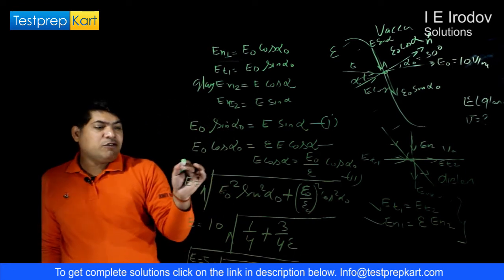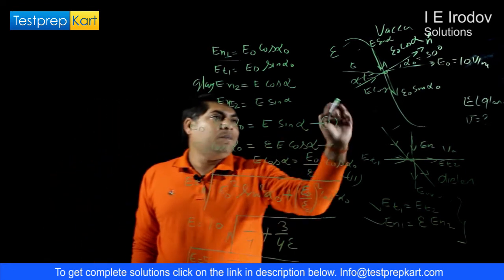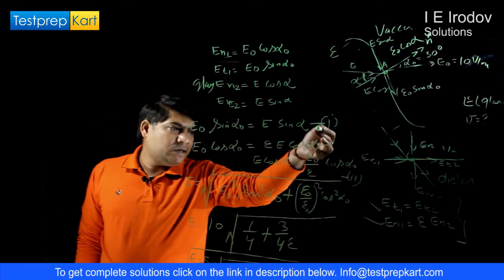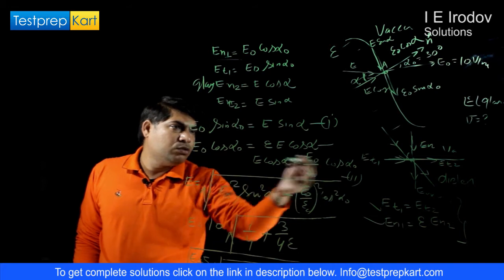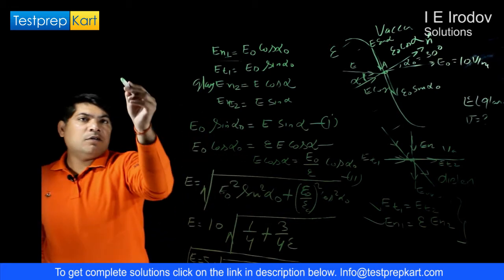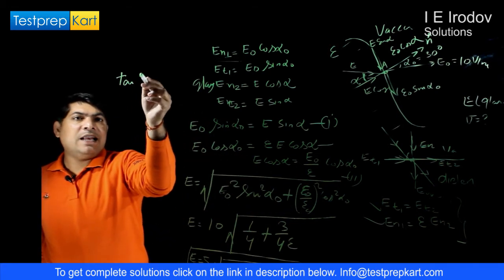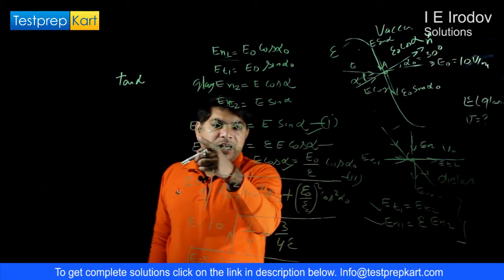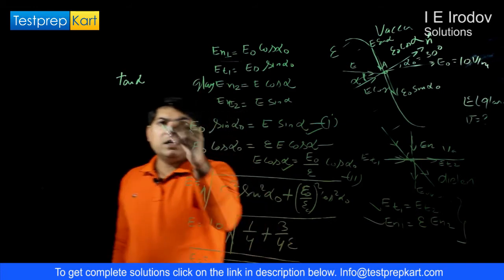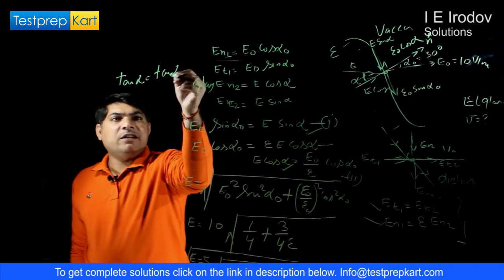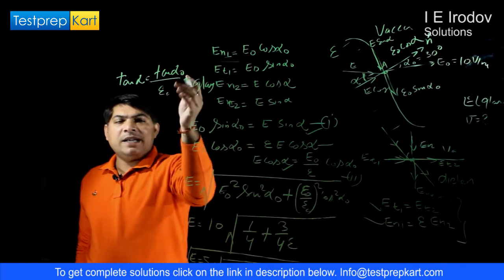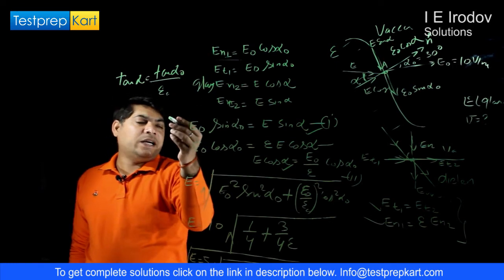If we want the angle subtended by this electric field with the normal, just divide equation 1 by equation 2. E naught and E naught cancel, so we get tan alpha equal to tan alpha naught times epsilon.